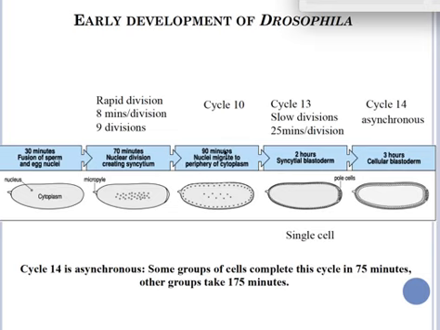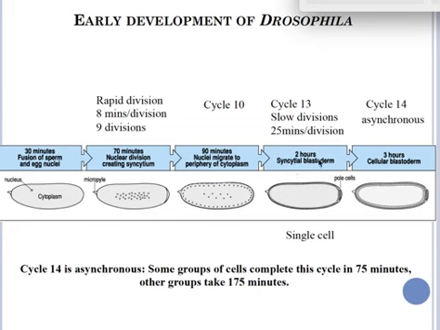So from cycle 10 to cycle 13 we also have nuclear divisions, but we start seeing nuclear migration from the center to the periphery, and 2 hours after fertilization we have this syncytial blastoderm.